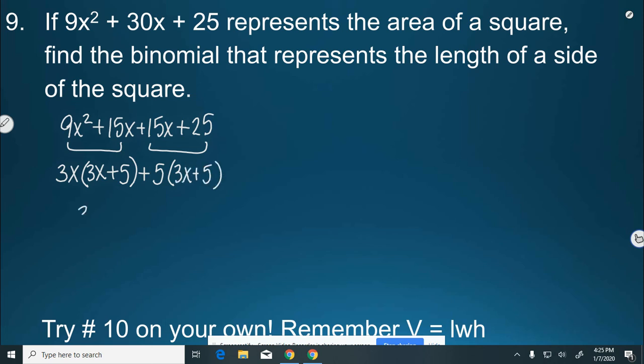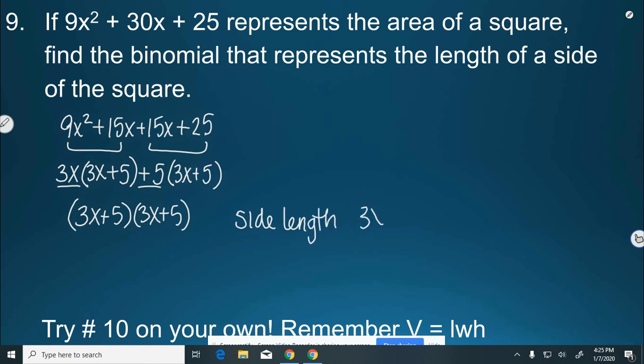So my common binomial is 3x plus 5, which happens to be the same as what's left over, 3x plus 5 again. So we could say the side length is 3x plus 5. And if we wanted to, we could write it as 3x plus 5 all squared, since it's the same binomial being multiplied by itself.